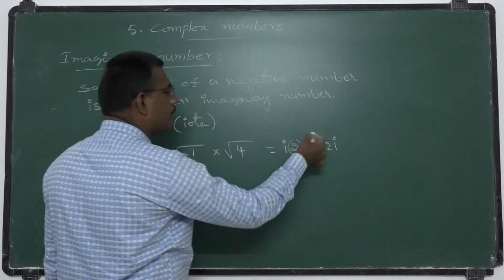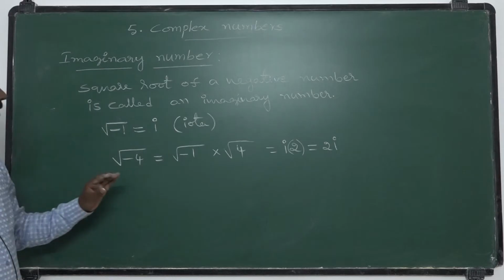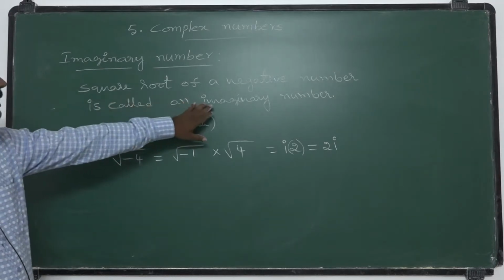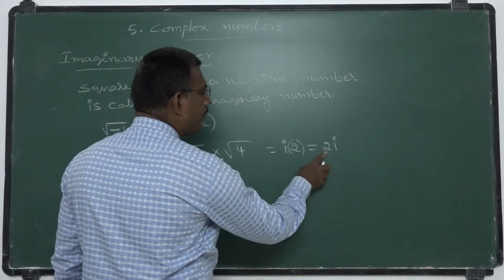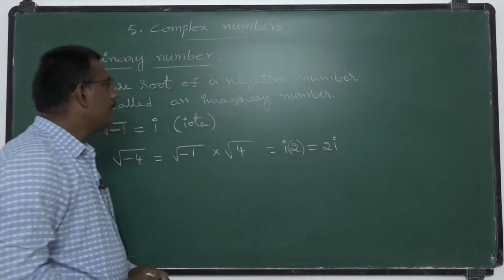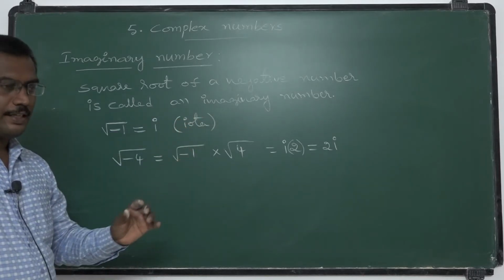So i2 or 2i both are same, right. So we can express all the imaginary numbers in the form of bi, where b belongs to R. Each and every imaginary number can be expressed in the form of bi.